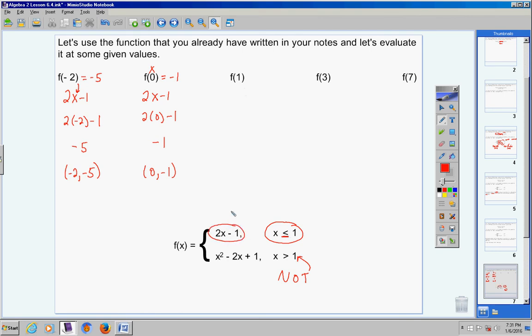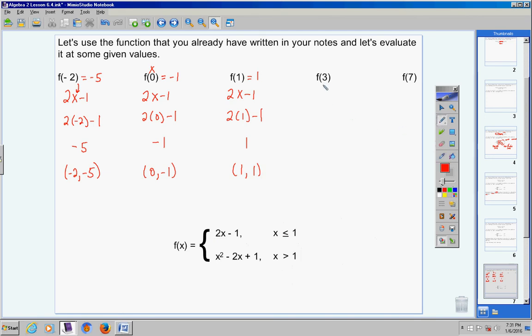So we're going to use this function again. Where the x is, I will substitute 1. 2 times 1 is 2. 2 minus 1 is 1. So f of 1 equals 1. Or you could also say 1 comma 1. Alright, now let's continue on.